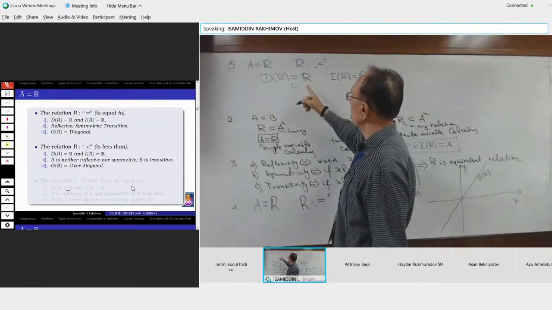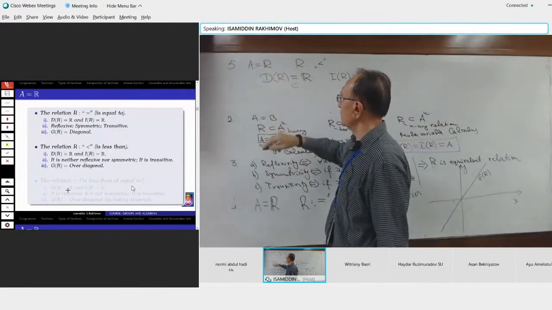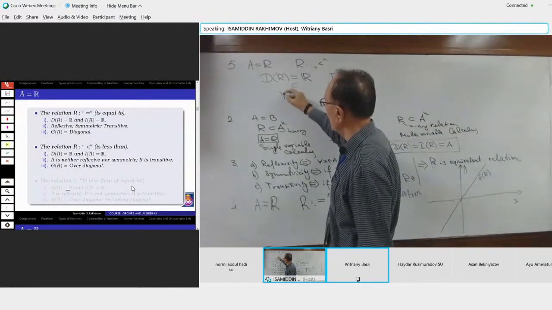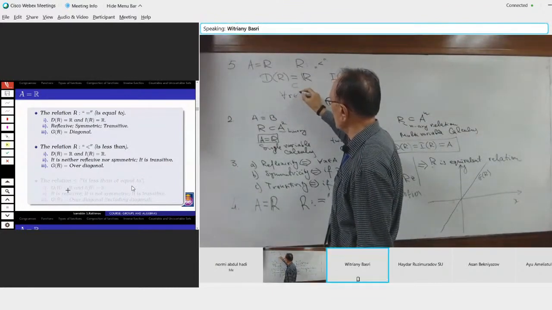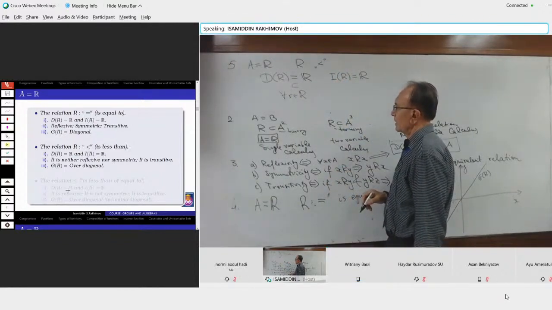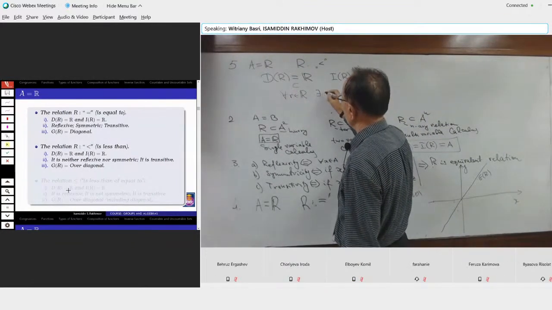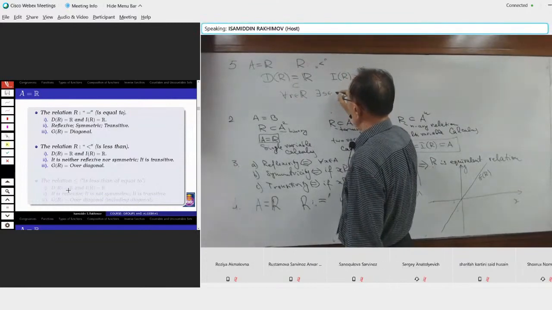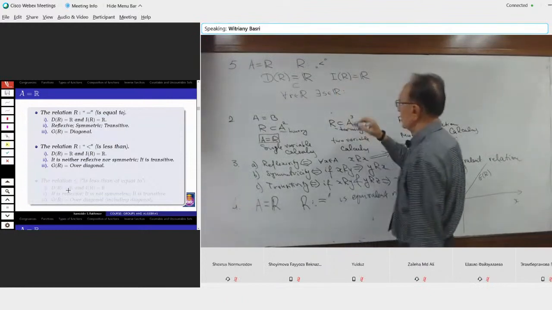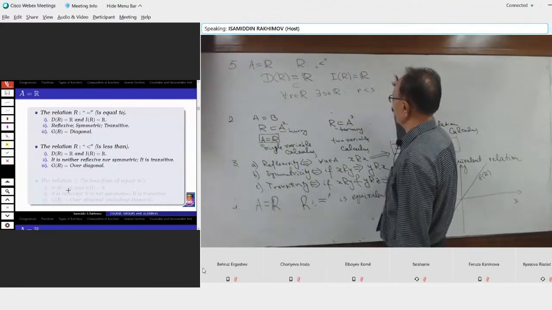Now we need to take any r and show that r is in the domain of relation R. So I will take any r from R, and I prove that there exists s from R such that r is less than s.